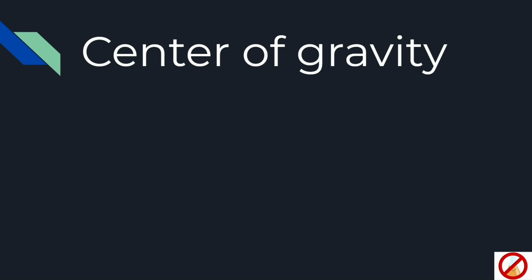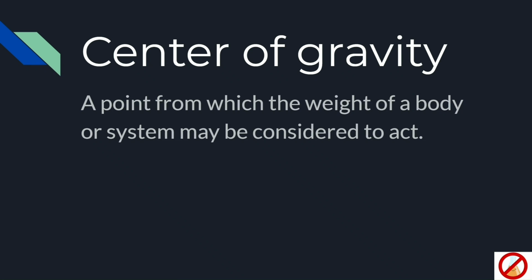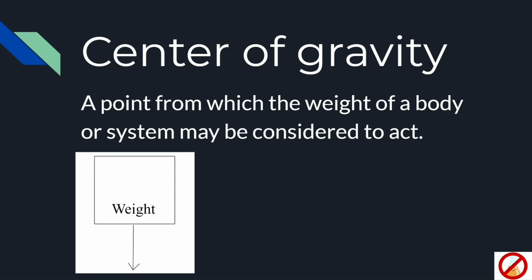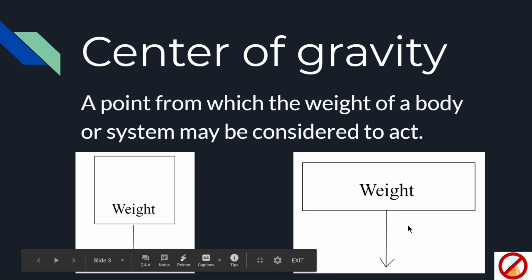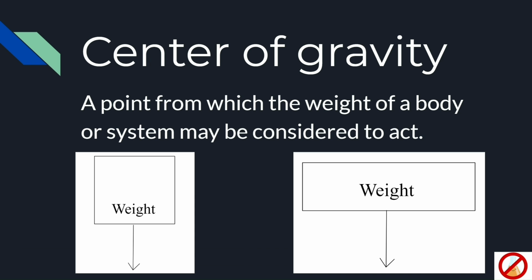Then what is center of gravity? Well, here's a definition: it's a point from which the weight of a body or a system may be considered to act. So basically, if we have a regular shaped object, it's quite easy. We just have to find the midpoint. Just like these two objects right here, their weights are expected to act in the middle.